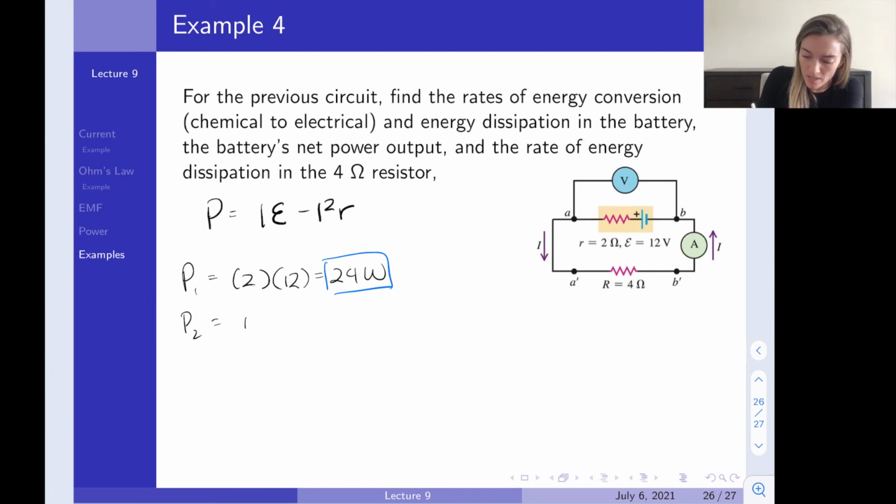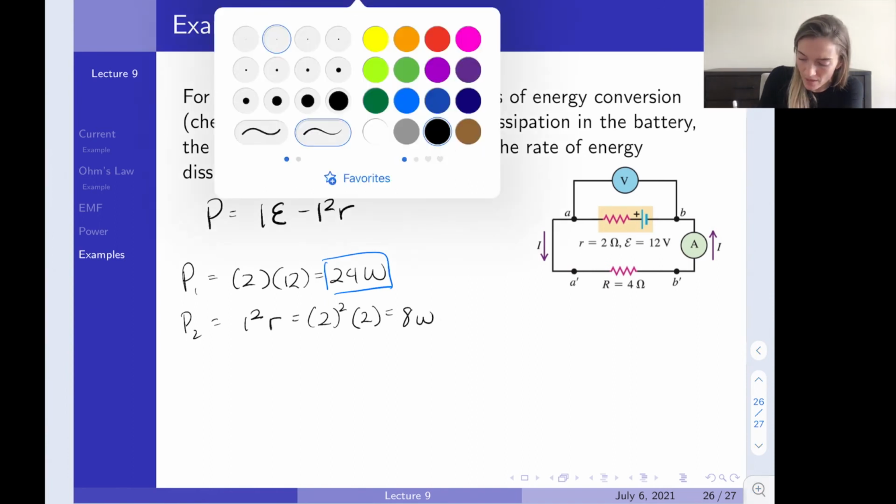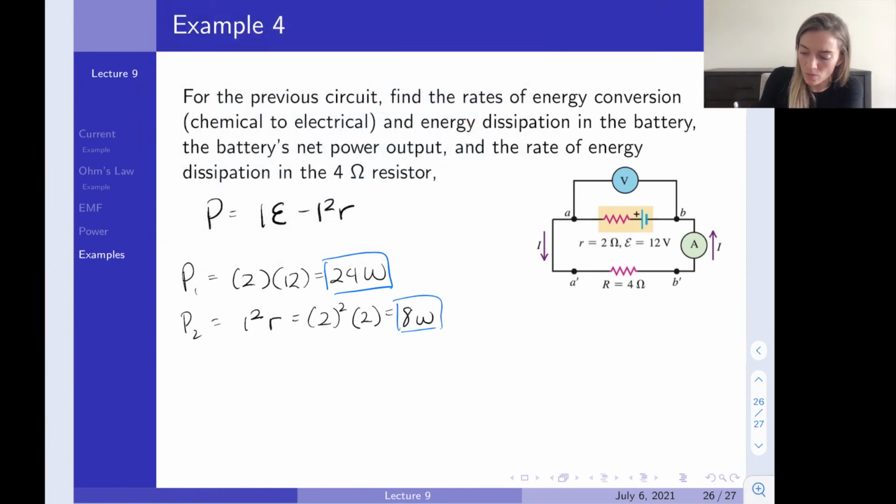We'll just look at the magnitude, I squared little r, so it's 2 squared times the internal resistance of the battery. That is 2 times 2 times 2, which is 8. So we've got 8 watts lost within the battery itself.